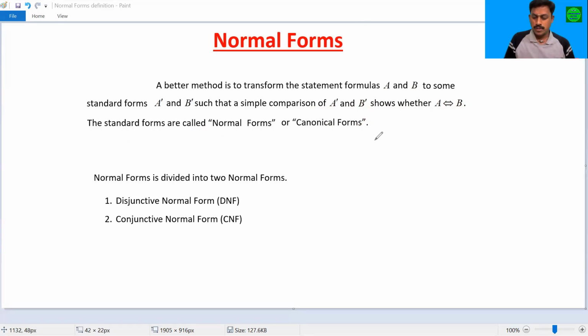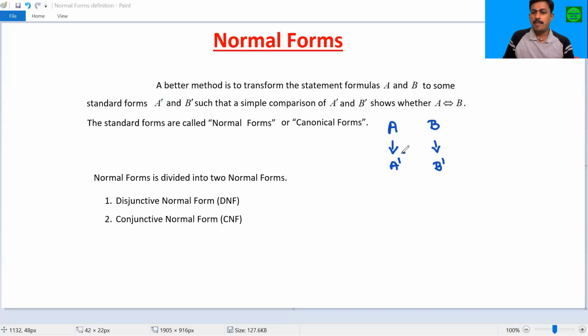Here we are going to consider two statement formulas A and B. Instead of checking whether this is equivalent to or not, we are going to convert A into some A dash and B into some B dash.